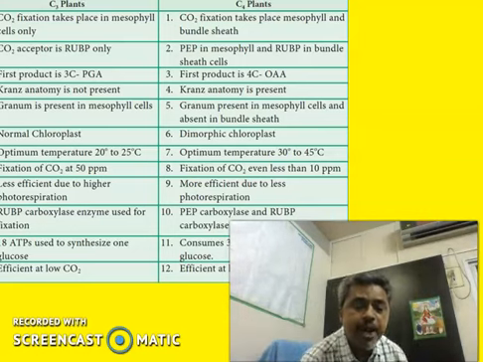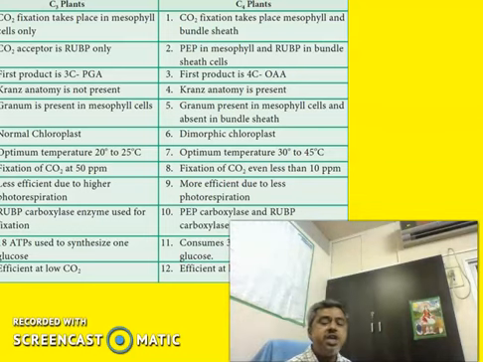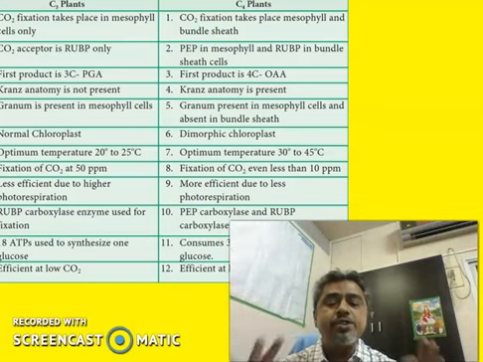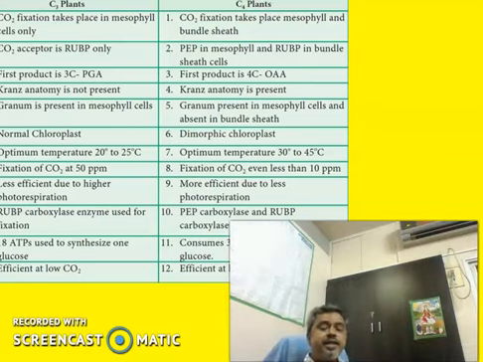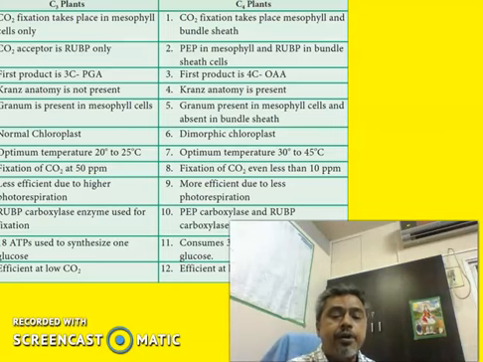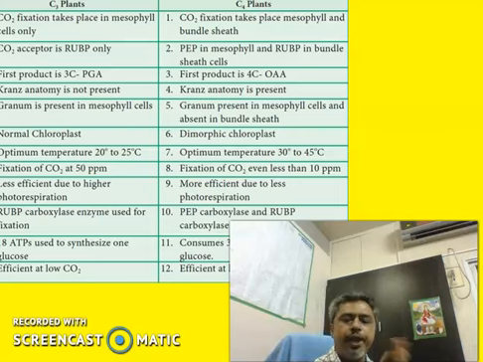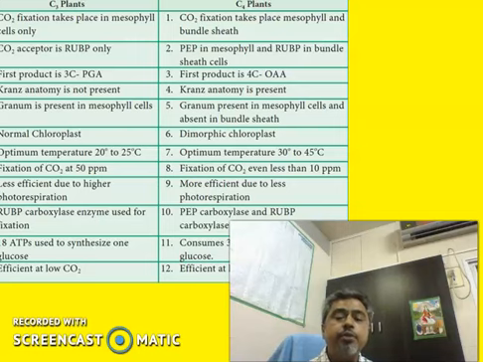Now the synthesis of ATP: you have to remember 18 ATP is used to synthesize one glucose molecule in C3 plants, whereas C4 plants consume 30 ATP to produce one glucose molecule. Now, how efficient at CO2? C3 plants are efficient at low CO2, whereas C4 plants are efficient at higher CO2.